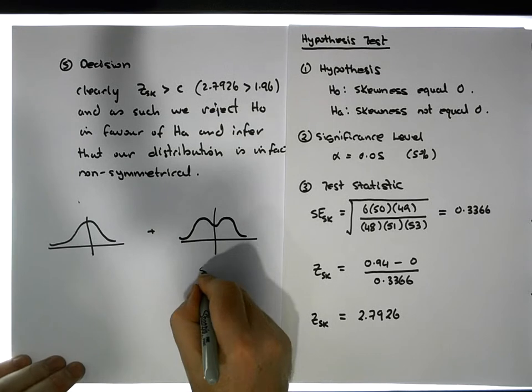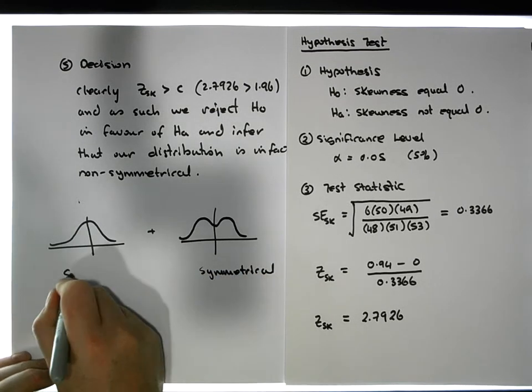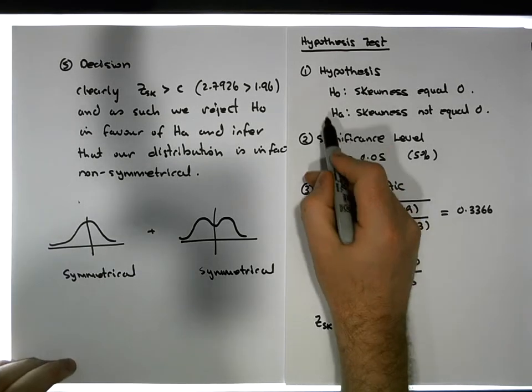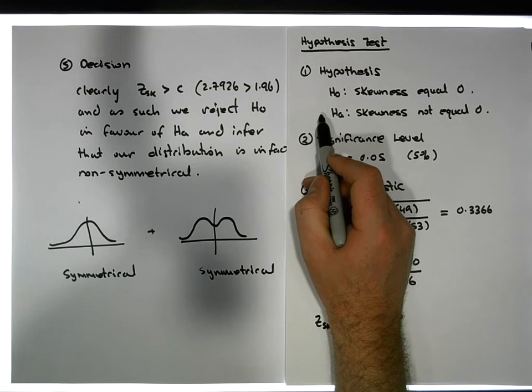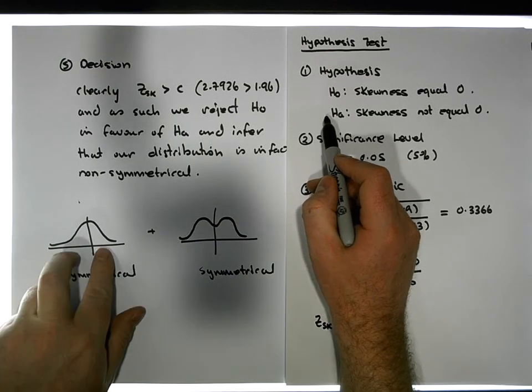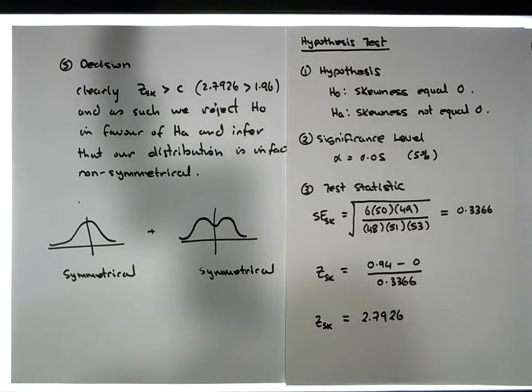This is symmetrical, and this is also symmetrical. So just because we fail to reject the null hypothesis doesn't mean that what we have is a normal distribution. It just means our distribution hasn't got any skew. It's symmetrical. But it could be this, it could be this. I can actually argue there's an infinite number of shapes of distributions that are symmetrical. So let's just keep that in mind.